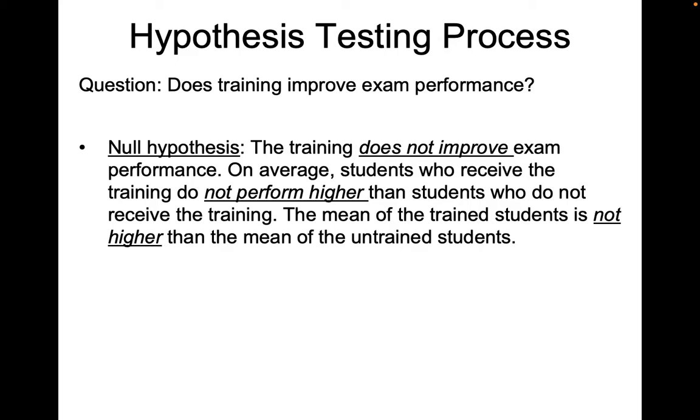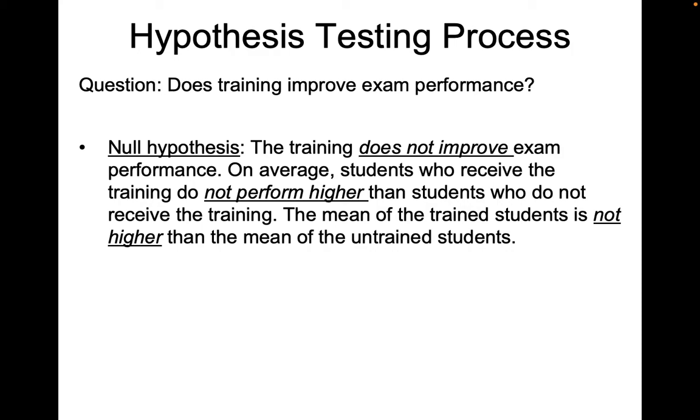Okay, now to state the null hypothesis, we just take the opposite of the research hypothesis. So if the research hypothesis was that training improves performance, the null is simply that training does not improve exam performance.